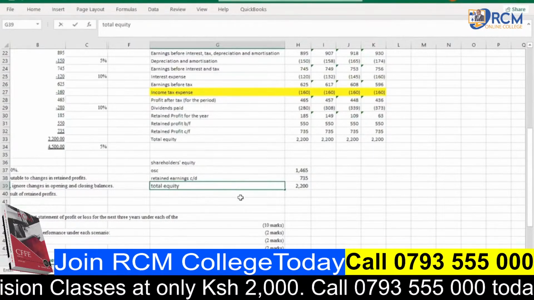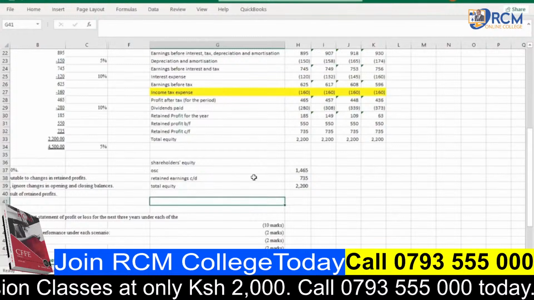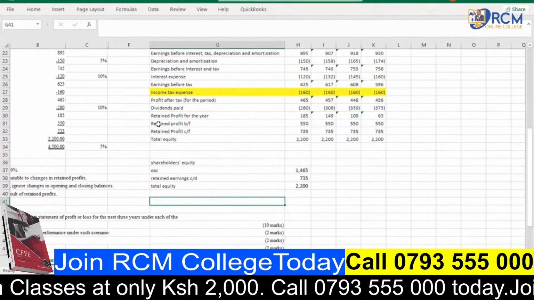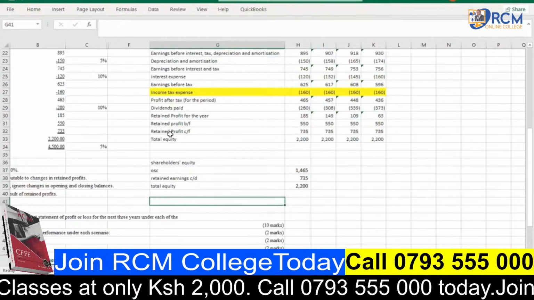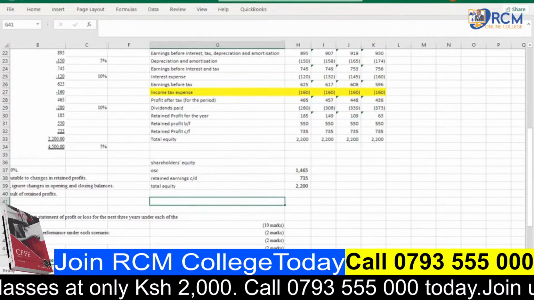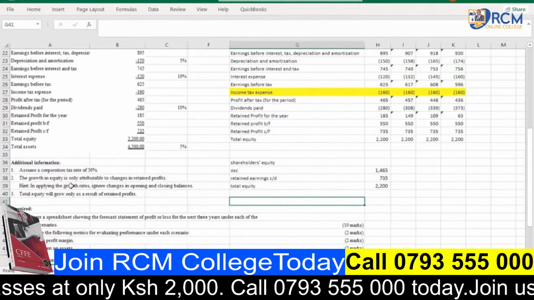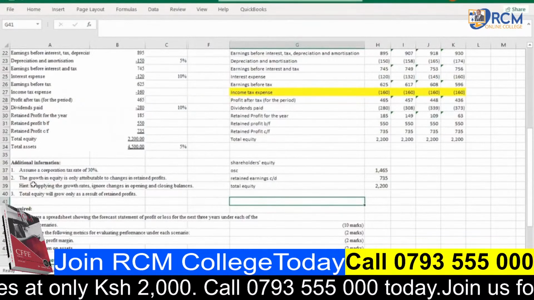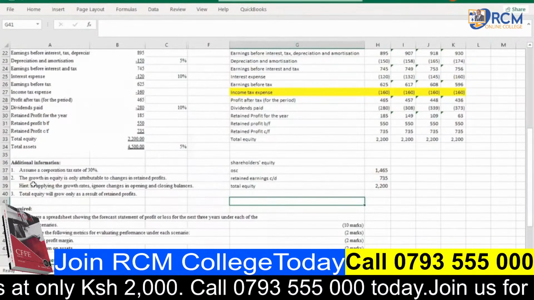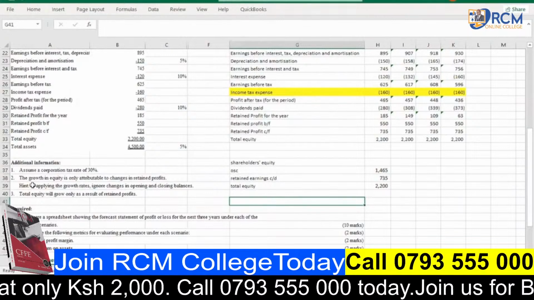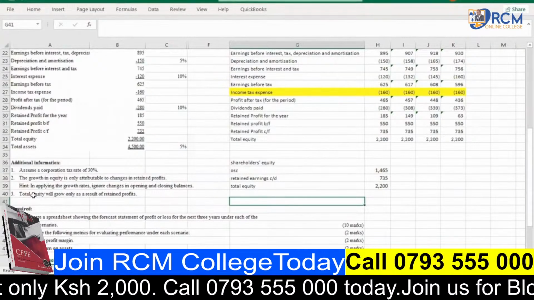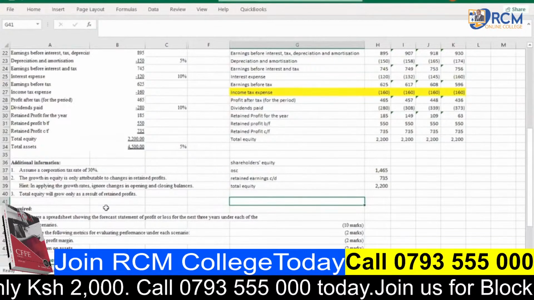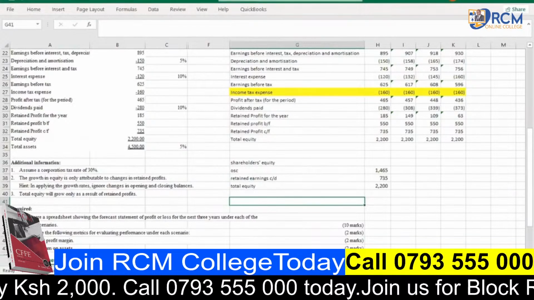Total equity is equivalent to 2,200. And the examiner is telling you something very interesting here. The growth in equity is only attributed to changes in retained profits. Total equity will grow only as a result of the retained profits.